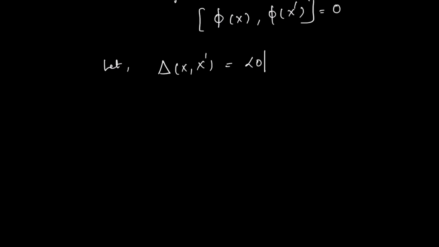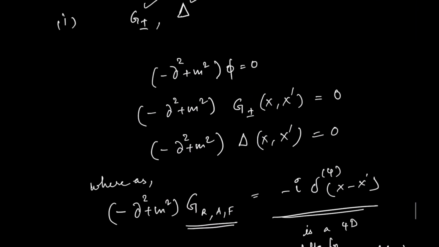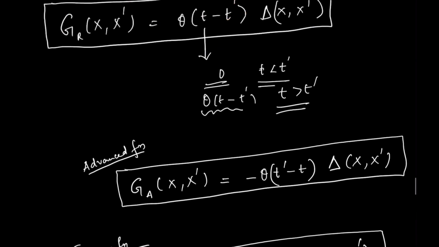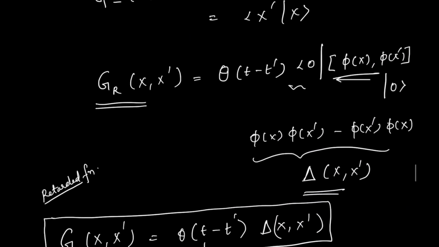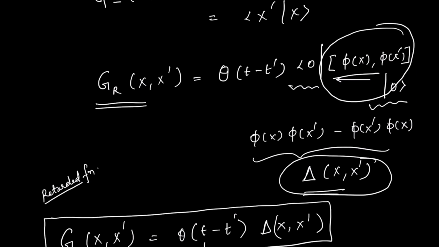Delta means there will be an expectation value. We have defined it like that, right? So if you see here, there is an expectation value and the commutator together, which we called the delta function. There is no cap here, it's just delta. It's not delta cap because it's not an operator.